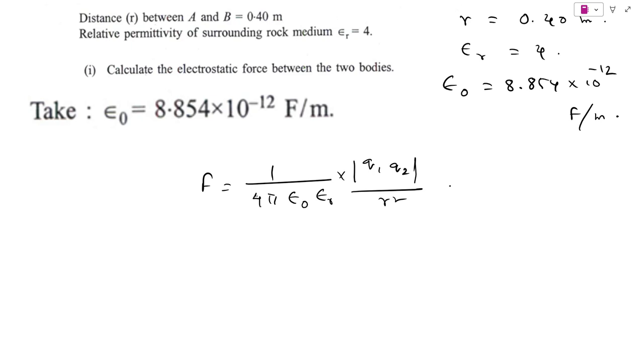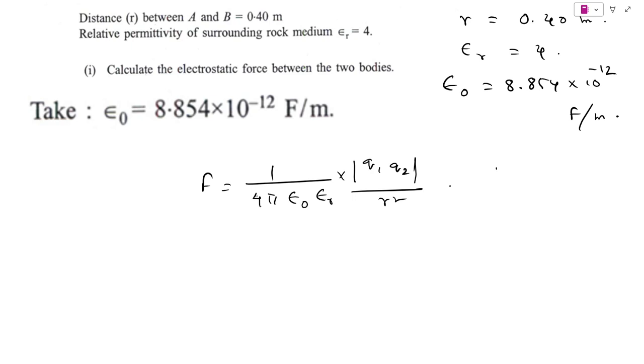If the charges are inside air or vacuum, only epsilon naught appears. But inside a rock, the medium opposes the electric field. So therefore, we multiply by epsilon R. Look, the larger the relative permittivity, the weaker the electrostatic force. So rocks with high dielectric constant reduce the force between charges.